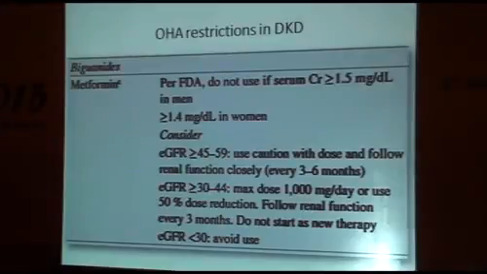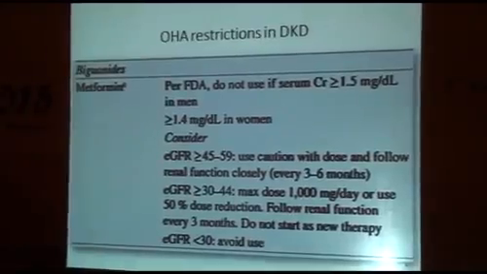The kidney association, the KDIGO group, allows metformin use even in stage 4, that is with a GFR of 15 to 30, but only if they have stable disease.